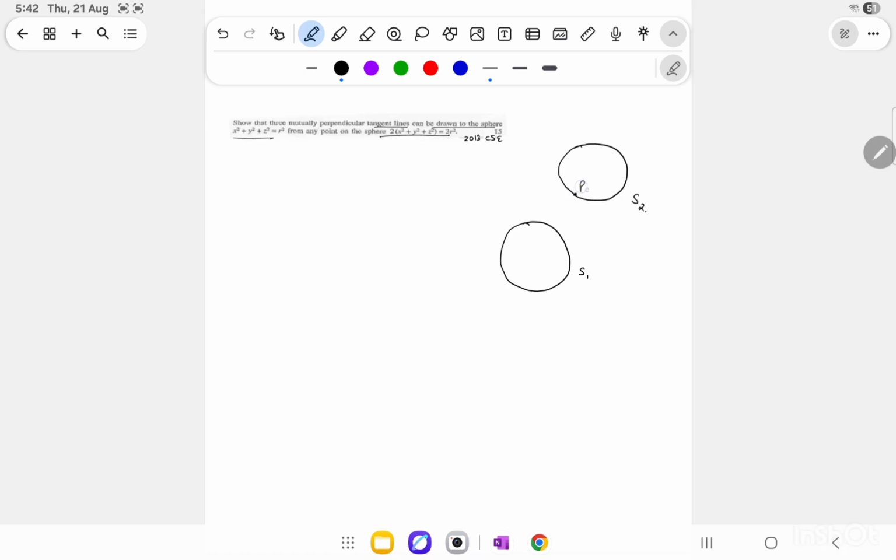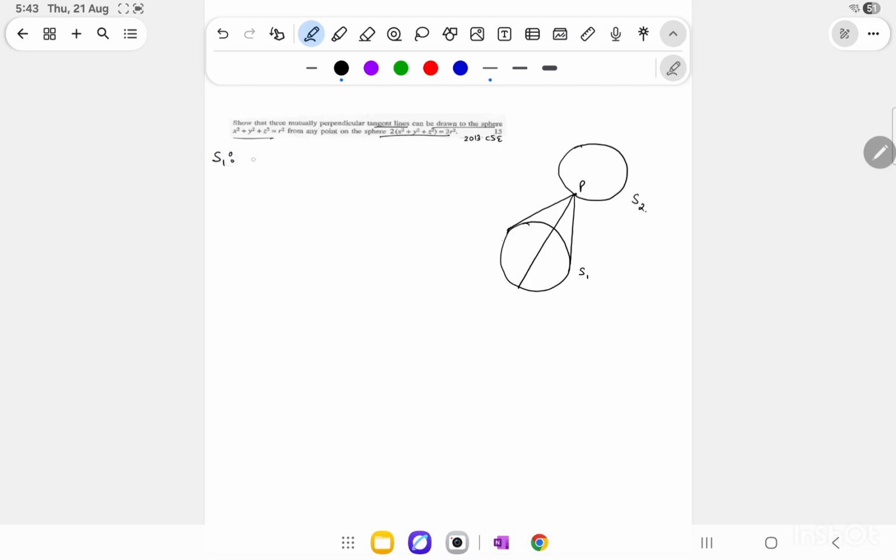So if P is any point on sphere S2, they have asked us to prove that from any point P we can draw three mutually perpendicular tangent lines to this sphere. If I draw three mutually perpendicular tangent lines on this sphere, this will form an enveloping cone of sphere S1 with P as vertex. So first let us find the equation of the enveloping cone of sphere S1 with P as vertex.